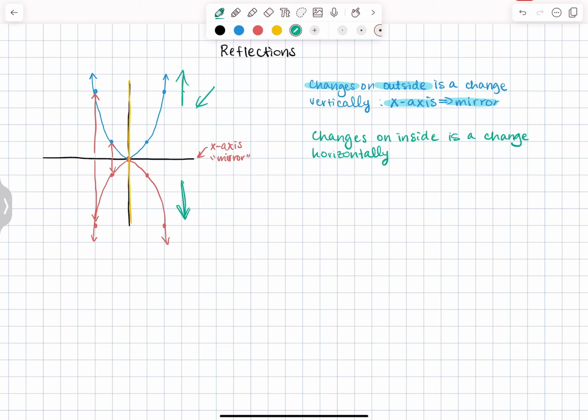So that's a change vertically, and we use the x-axis. But if we had a change on the inside, the y-axis would be the mirror. So y-axis equals mirror.